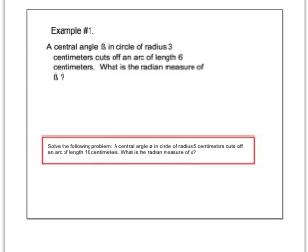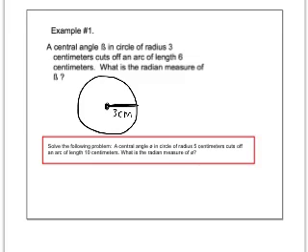You have a central angle, we'll call it beta, in a circle with a radius of 3 centimeters. It cuts off an arc of length 6 centimeters.